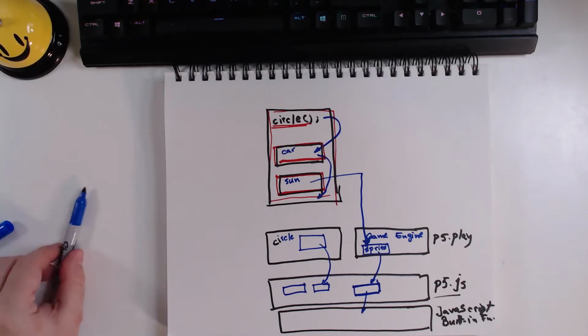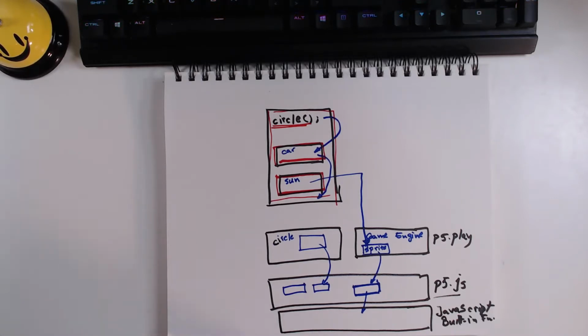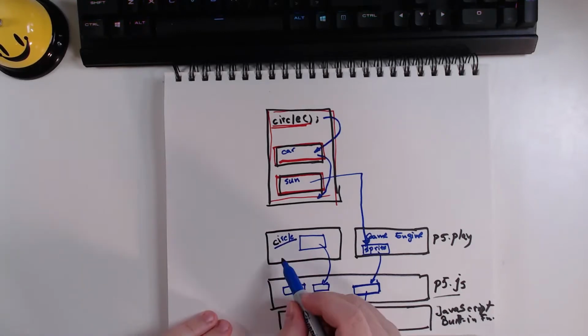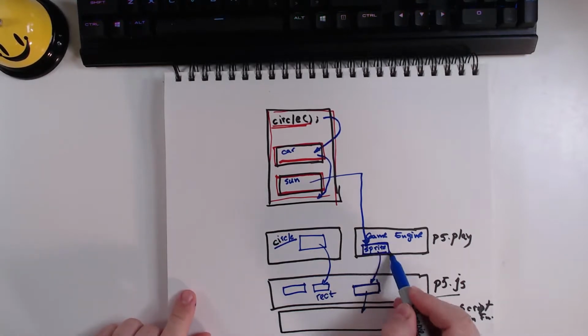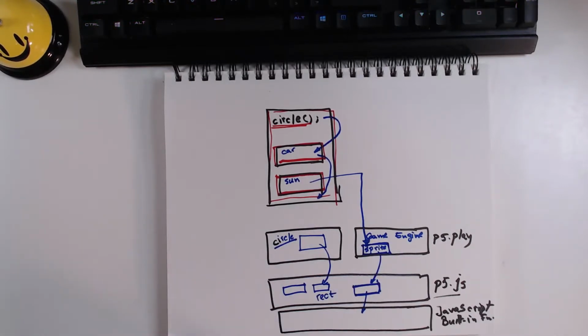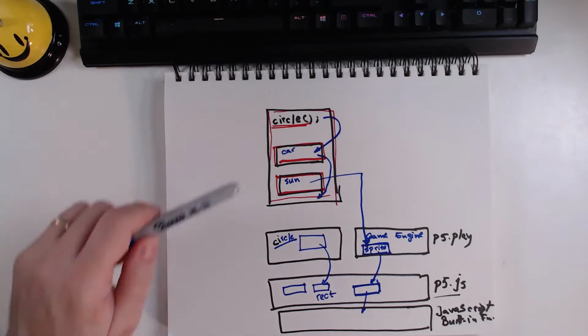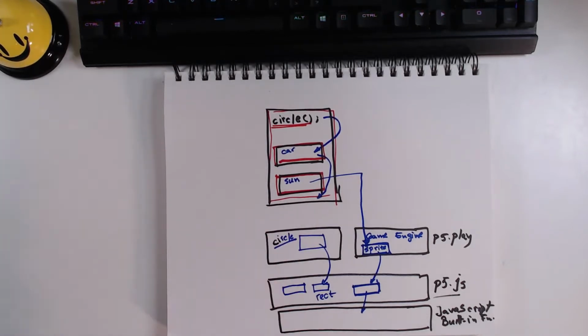I'm going to show you how to browse this library and see what's inside. What else besides circle do we have here? Do we have a rectangle? Yes, it is in this library. Do we have the ability to draw a sprite? Yes, it's in this library. And knowing what we have at our disposal, we can create really beautiful programs calling those functions.